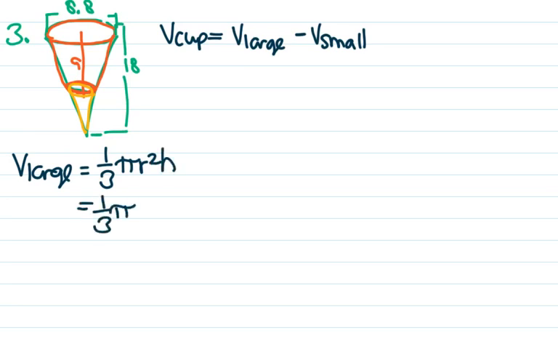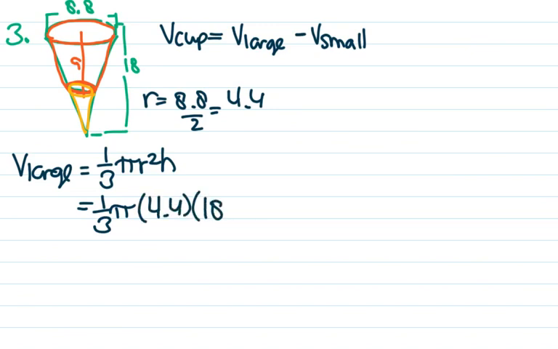The radius now, they give me 8.8, but that goes across the whole way, so that's the diameter. So the radius equals 8.8 divided by 2, which is 4.4. And the height is 18. You can punch 4.4 squared into your calculator all at once, or you can do step by step.